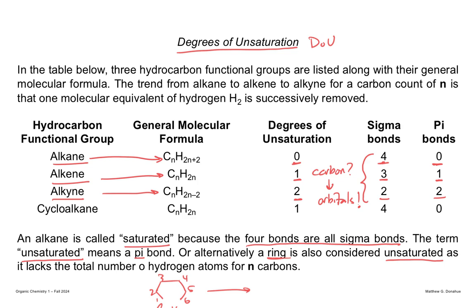And as a result of that, I have to lose an equivalent of H2. And so that forms a ring. So that's now C6H12. And we say it's unsaturated because it does not have the maximum amount of hydrogens for n number of carbons. But all the bonds are still sigma bonds.